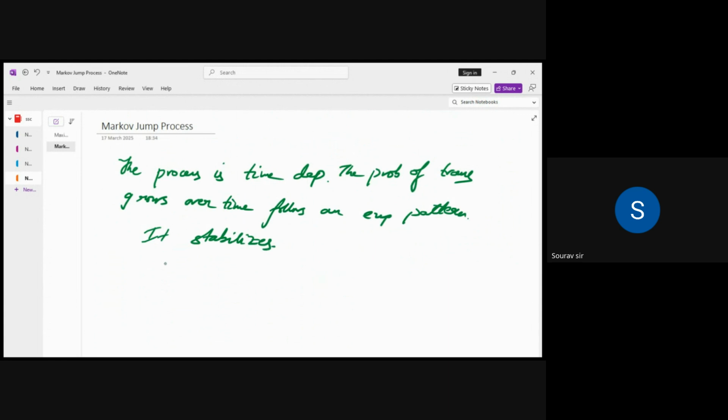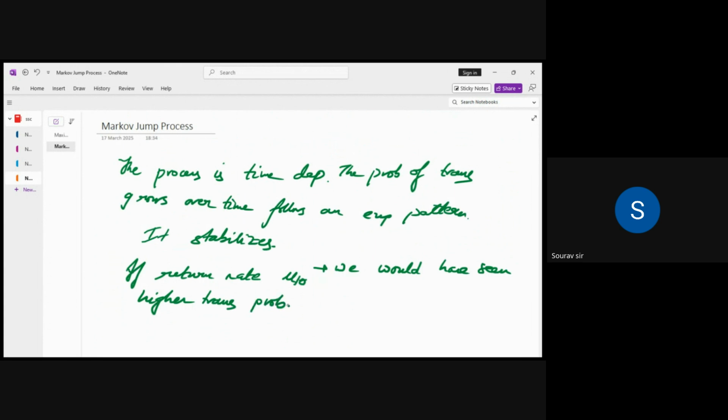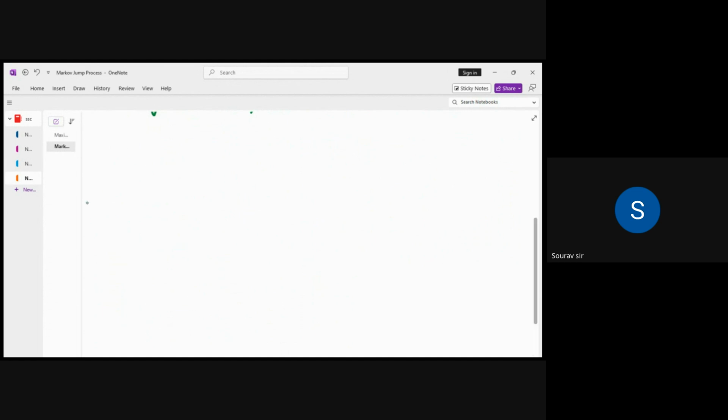So here, suppose the return rate were lower, mu 0 1 0. What would we have seen? We would have seen a higher transition probability. And if the transition rate were higher, we would move to state 1 faster.